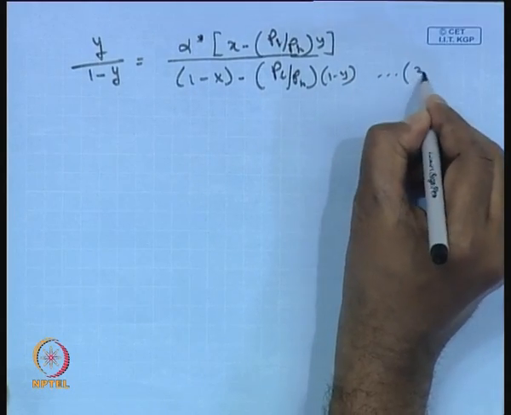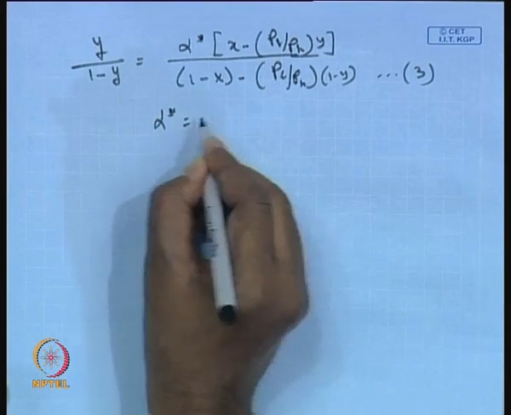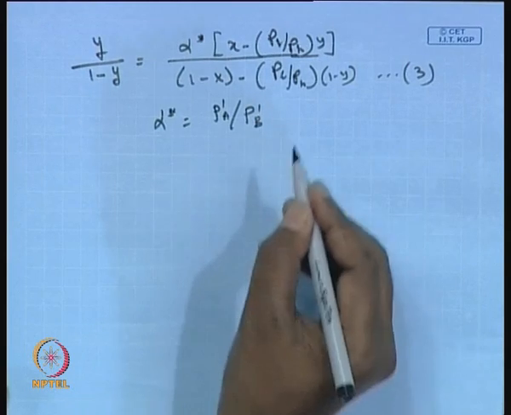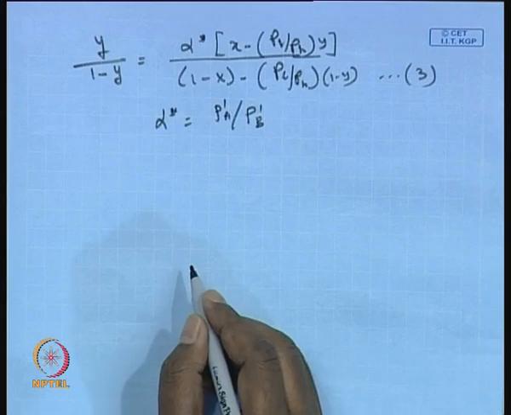Okay. Let us say this is equation number 3. And what is alpha star? Alpha star is nothing but the ratio of the permeability of component A and that of component B.